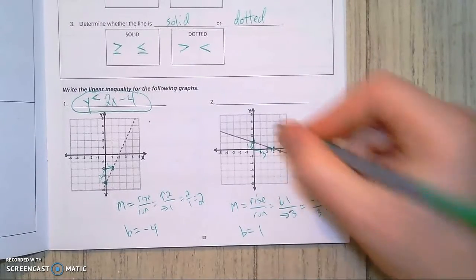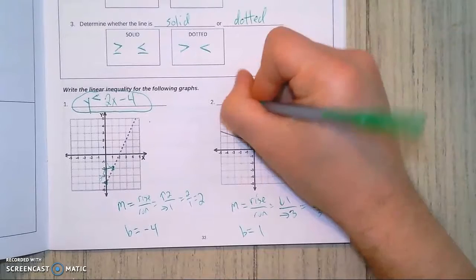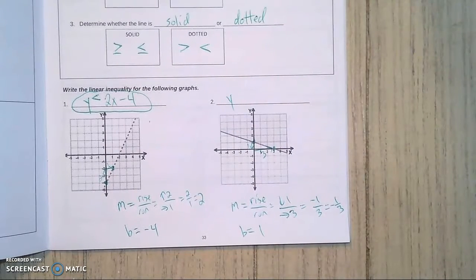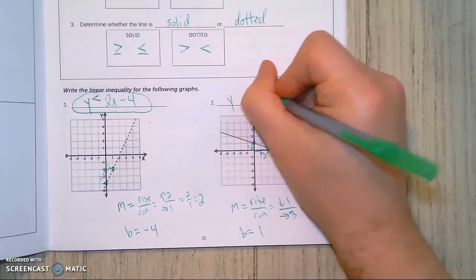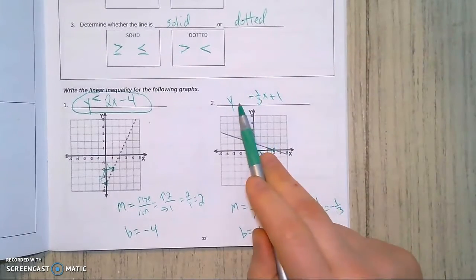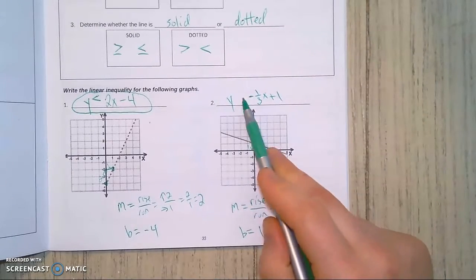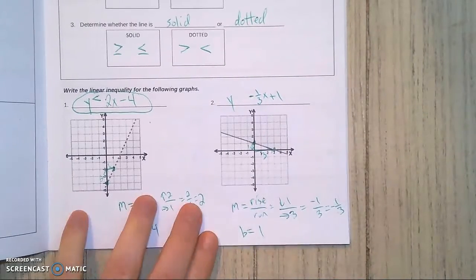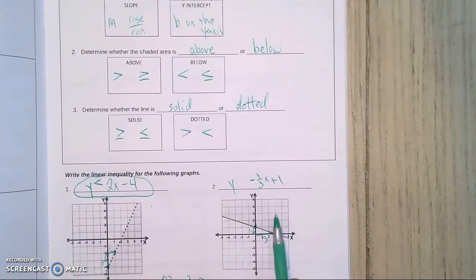So again, I'm going to put all the pieces in place except for the symbol in the middle. There's my y. I'm going to skip the inequality symbol for now and do mx plus b. That's negative 1/3 x plus 1. Now, as for the symbol in the middle, if it was a linear equation, drop an equal sign. But this time I'm again going back to it is shaded above.